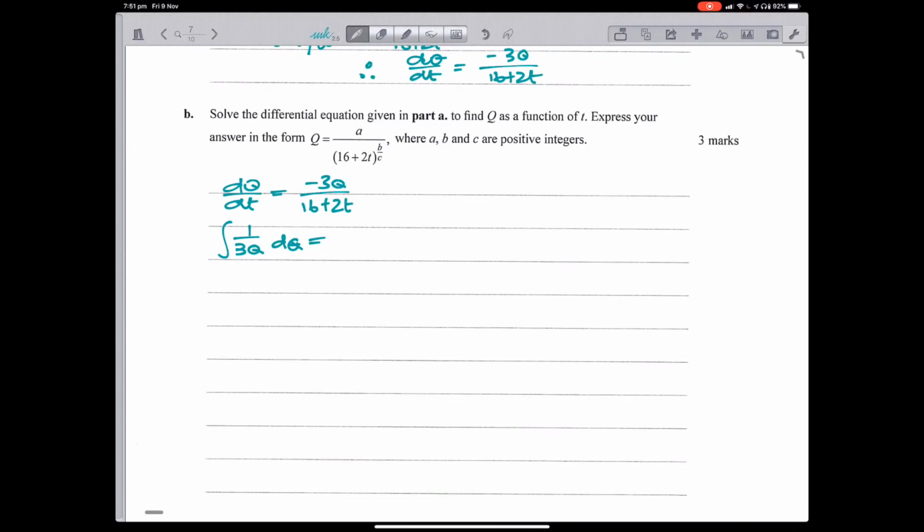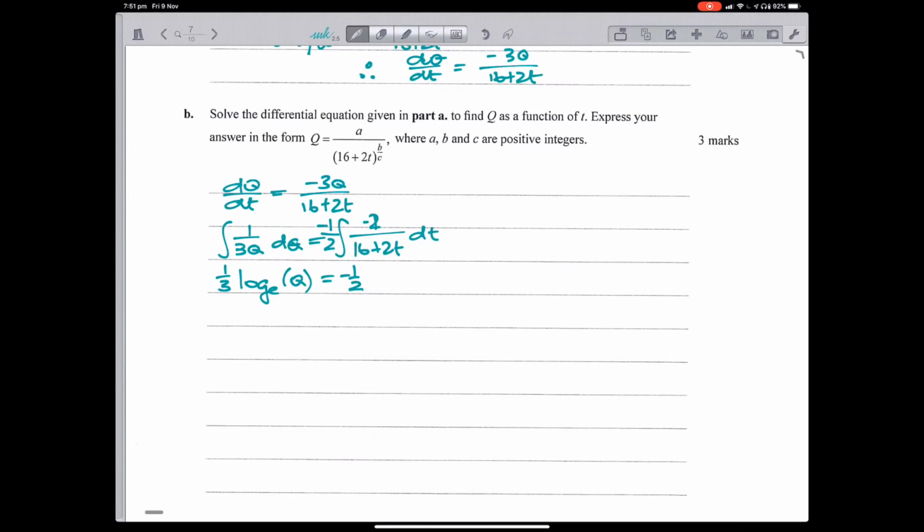is equal to 1 on 16 plus 2t, but it's negative because I've got to have the negative somewhere. So here we're going to get 1/3 log e of q is equal to negative 1/2, because if I put a 2 on top, I've got to put a half and a negative 1/2 at the front.